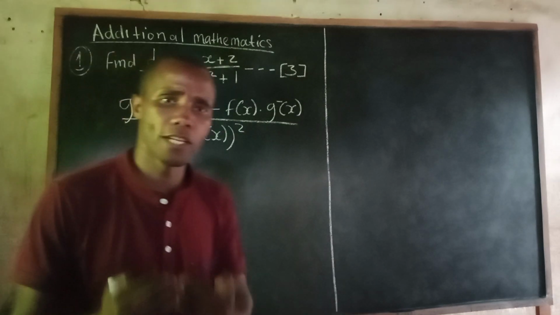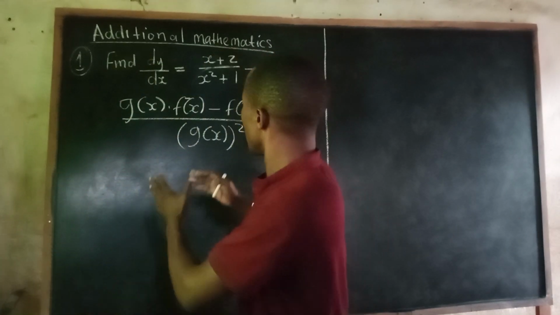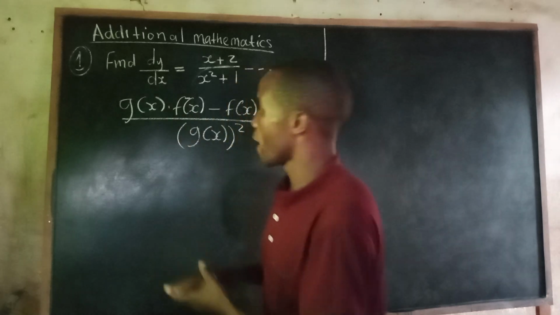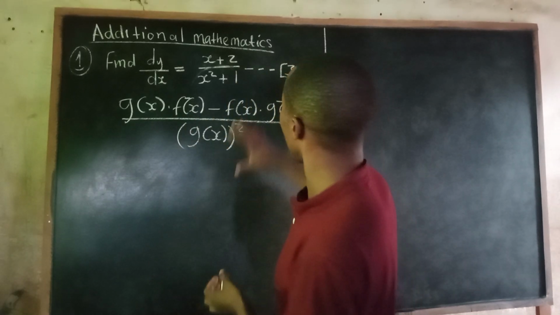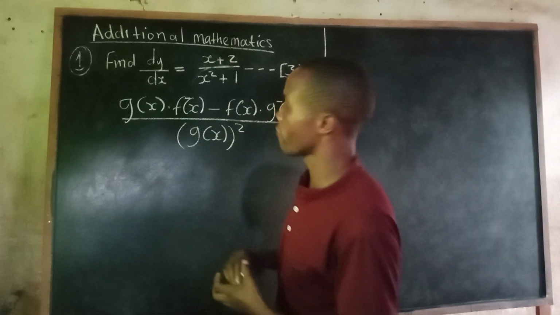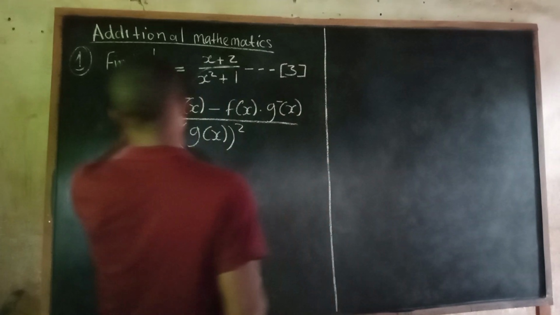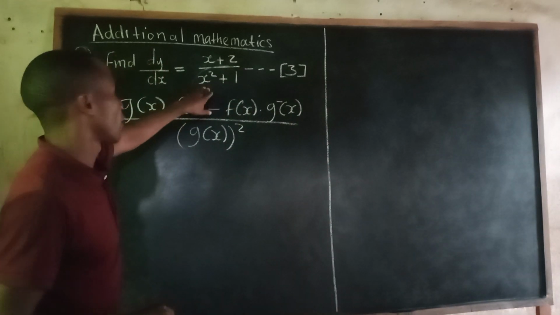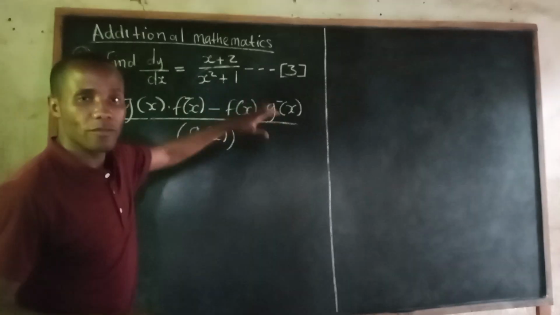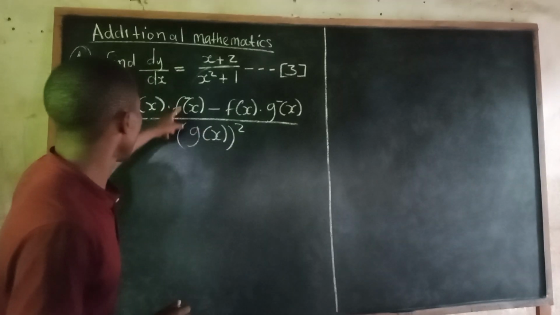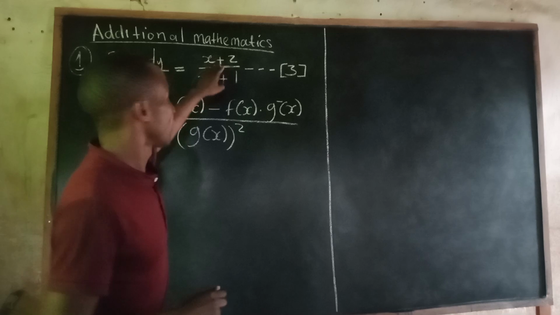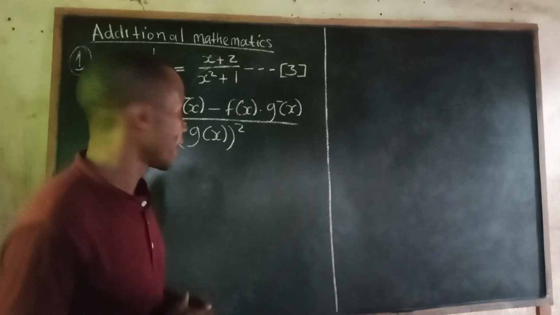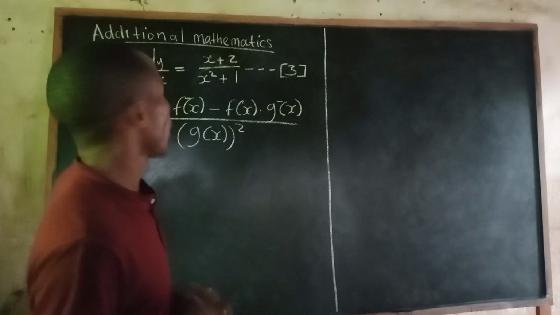Having introduced those terms, we are now going to substitute. g(x) stands for the denominator, which is x² + 1 in this case, and f(x) is the numerator, which is x + 2.